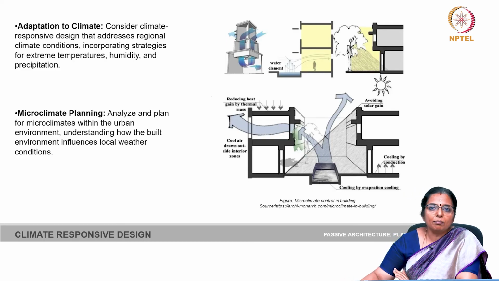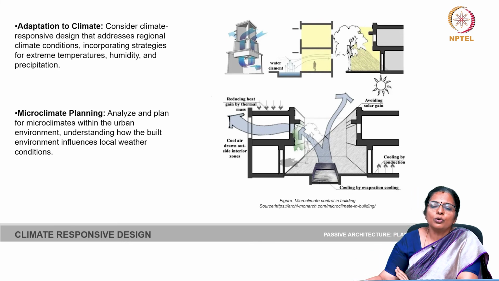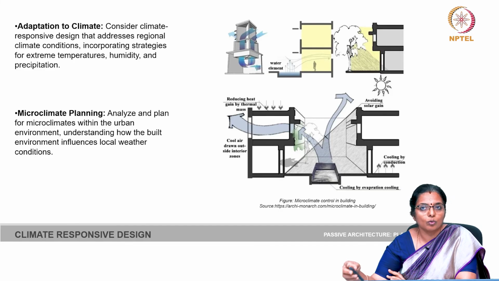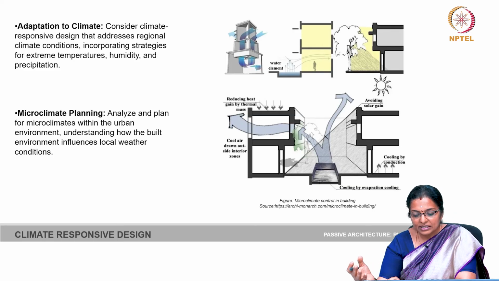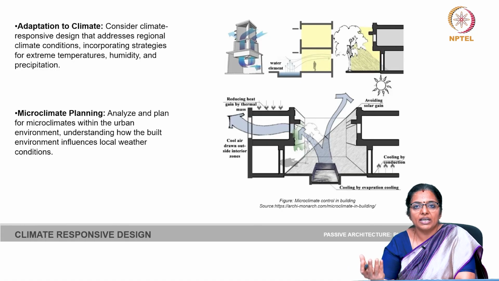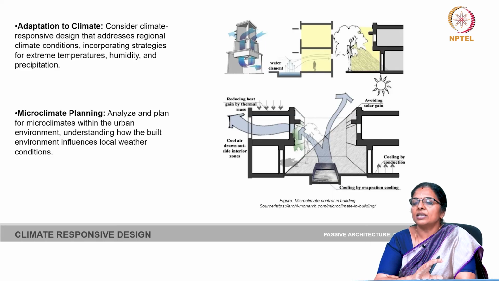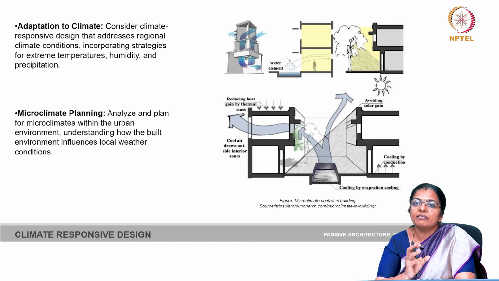And so, it becomes important for us as architects and planners to not look at buildings in an isolated manner alone, but also look at buildings as part of the system and holistically look at what can be done for a particular building when there is an adjacent building. To say that there is an opening, provide an opening for wind to come, is a very isolated way of understanding the situation.